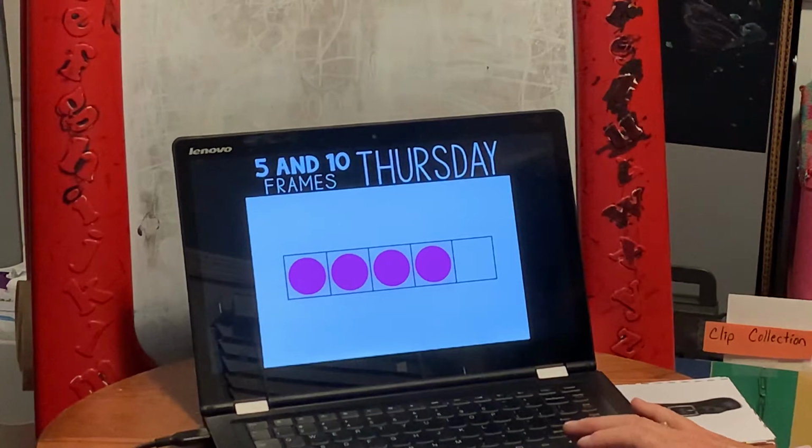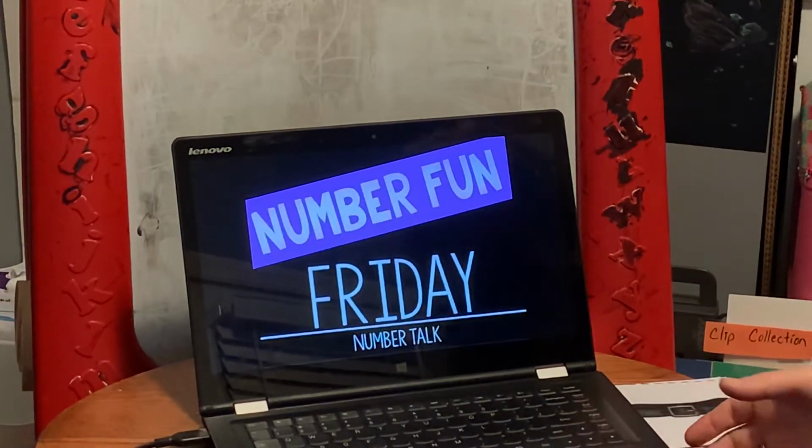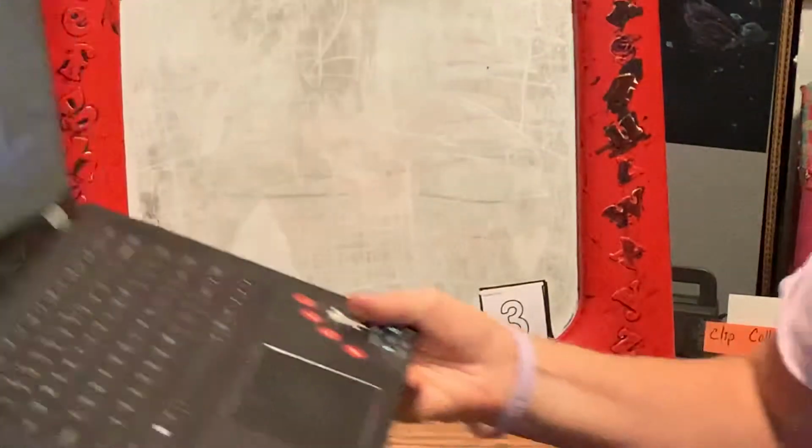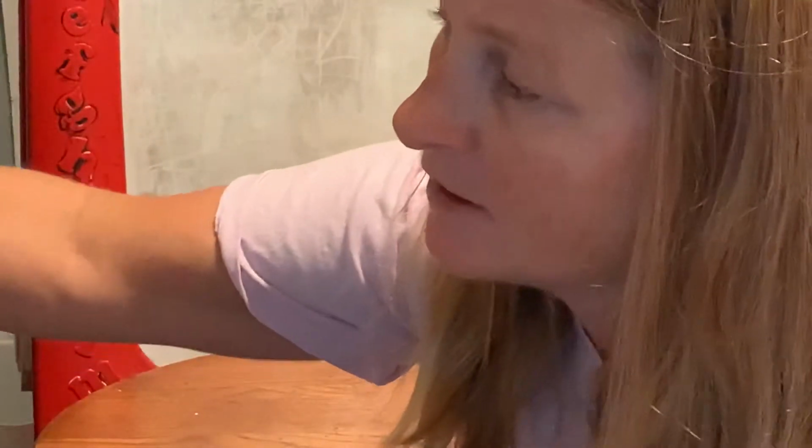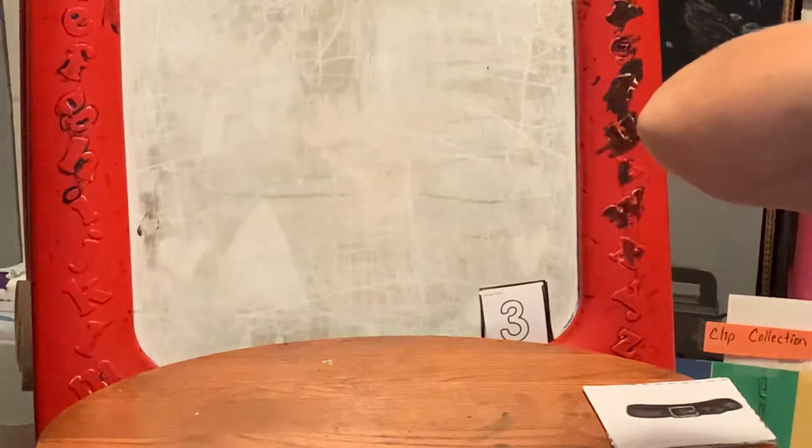And how did you see it? Did you have to count them? 1, 2, 3, 4. Awesome way to see those dots. Or did you see them another way? All right, friends. How do you see these dots and how many are there? All right, that is the end of our slides. I hope you paused in between each one of those and came back and saw the next one.